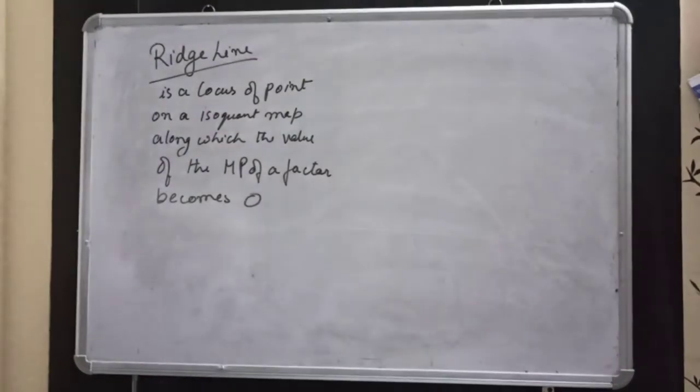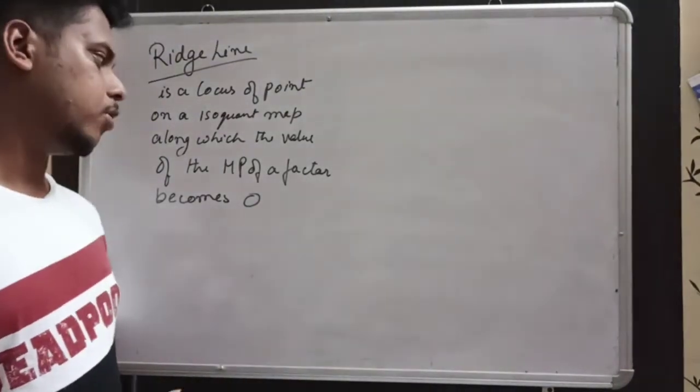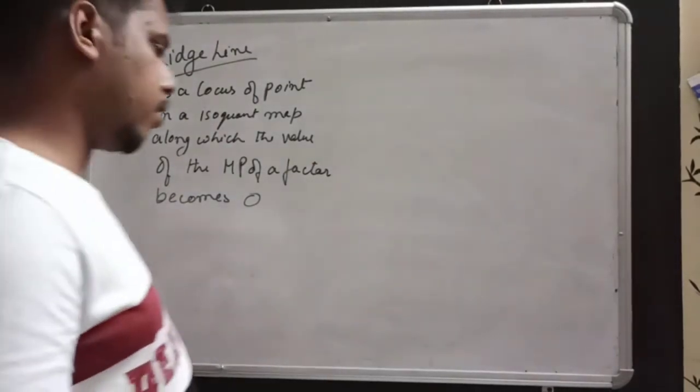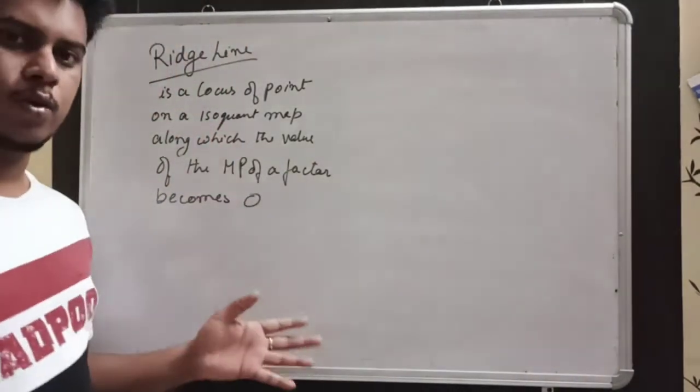So it is a locus of points on an isoquant map along which the marginal productivity of a factor becomes 0. Now this is a very new concept for you.